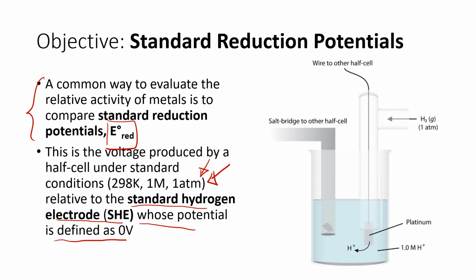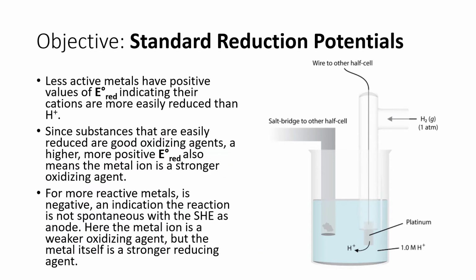So essentially we have a baseline, and anything else we're comparing to that baseline, and that's where these standard reduction potentials for a variety of half cells come into play.